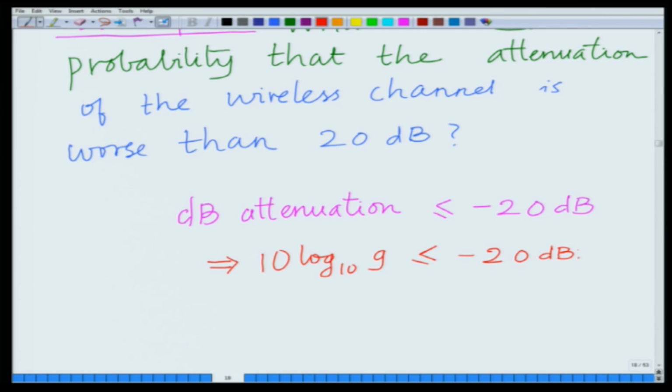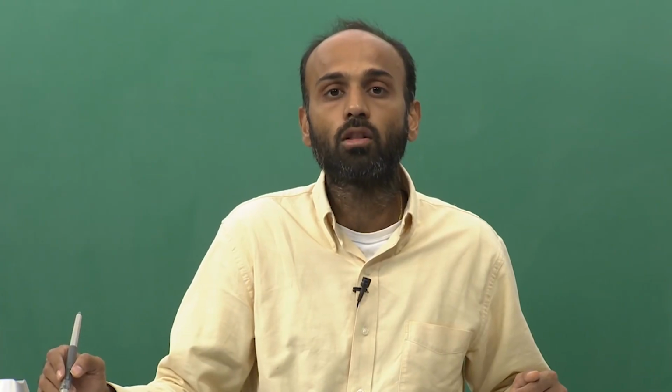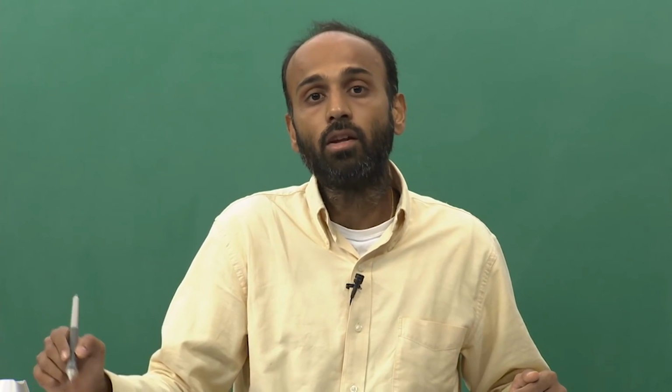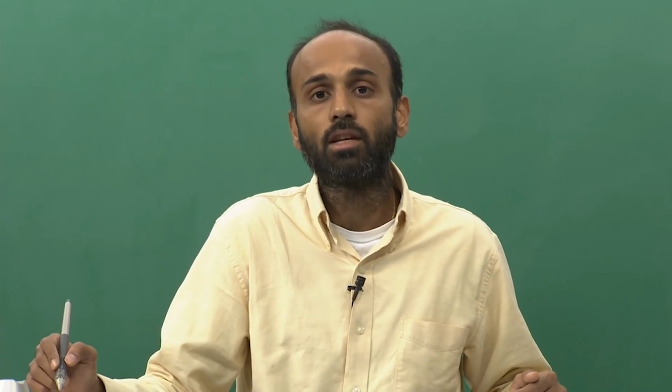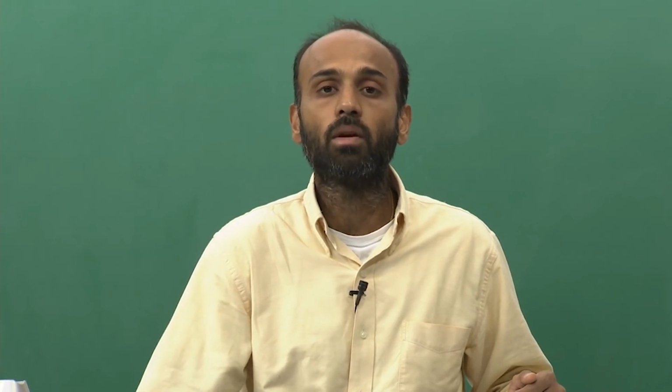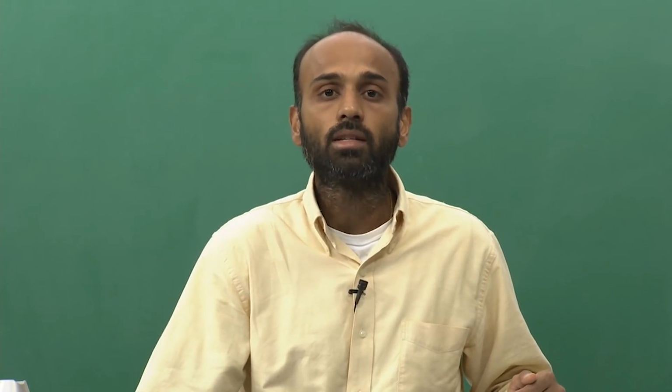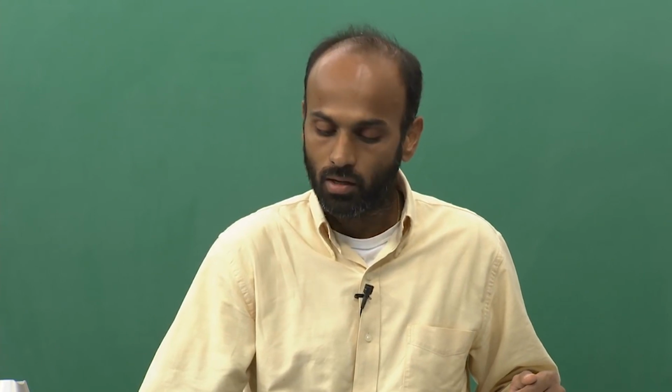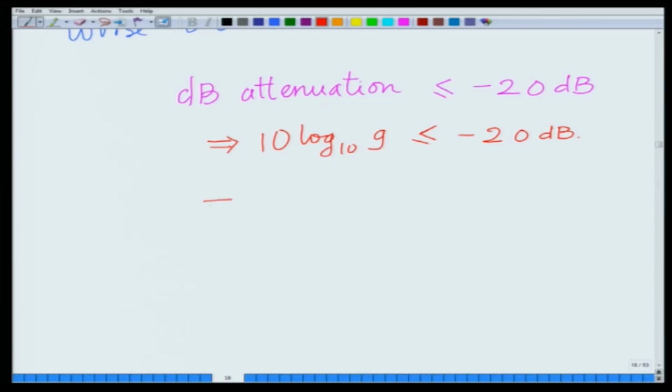Remember, the power gain in dB is 10 log to the base 10 of G, and for attenuation to be worse than 20 dB, this has to be less than or equal to minus 20.